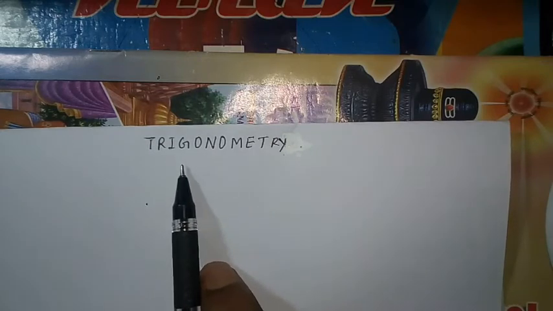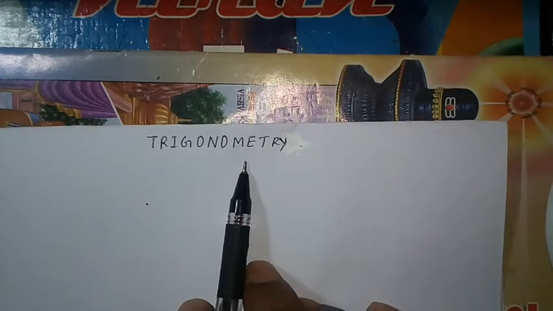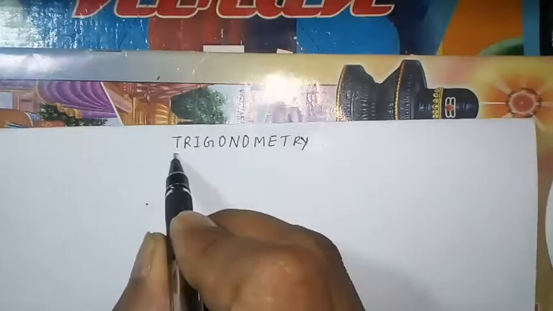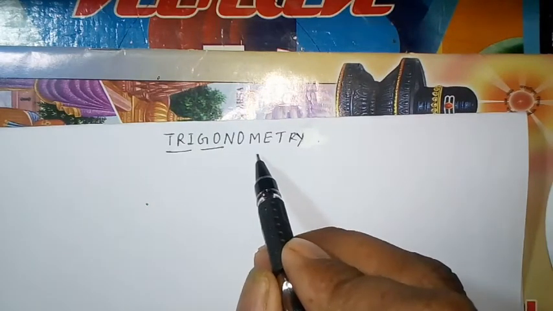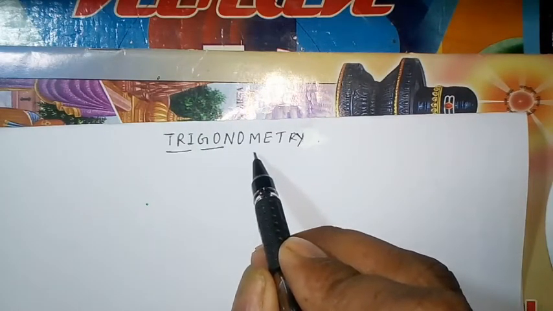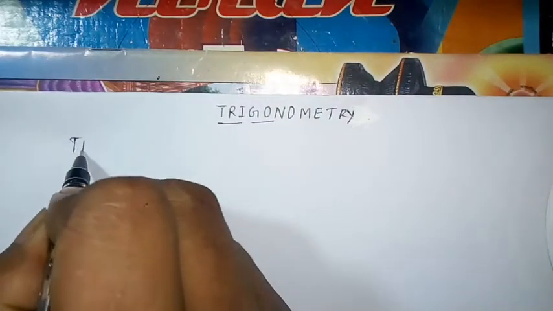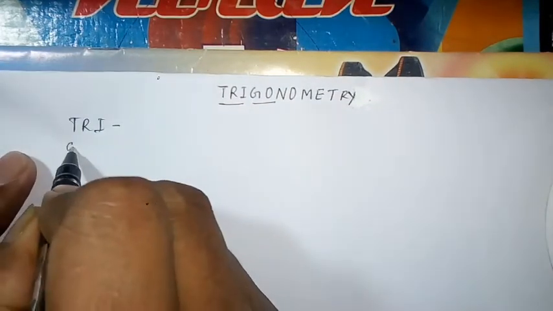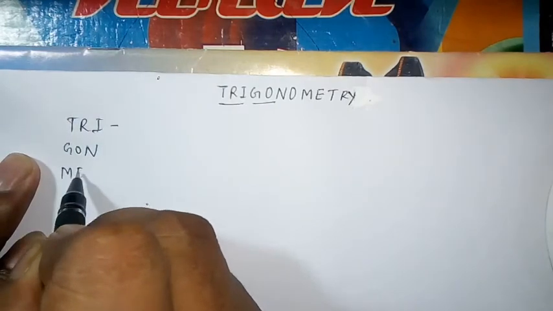The word trigonometry is derived from the Greek words tri, gon and metron. Three words: tri, gon and metron.